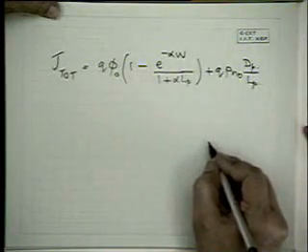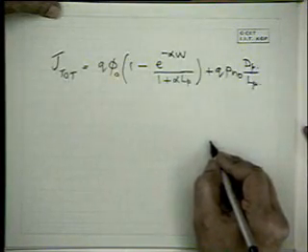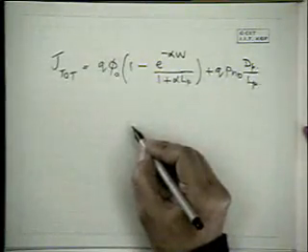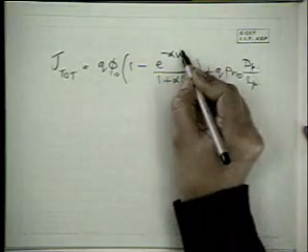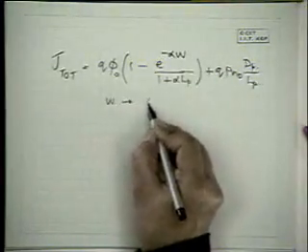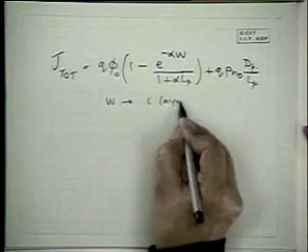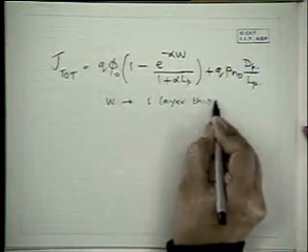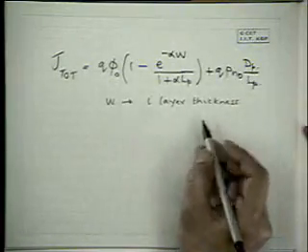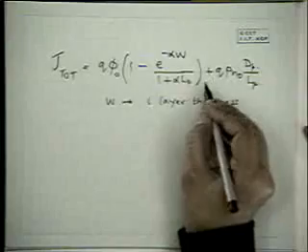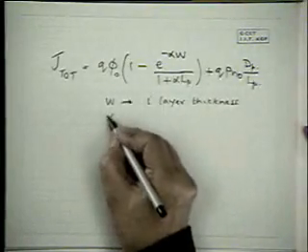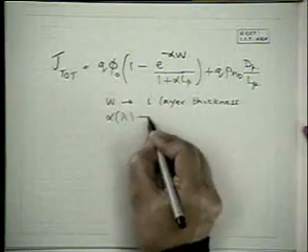So this is the total current of a PIN diode due to a flux phi 0, and the width of the PIN diode W is the I layer thickness. Alpha is the absorption coefficient at a particular wavelength.